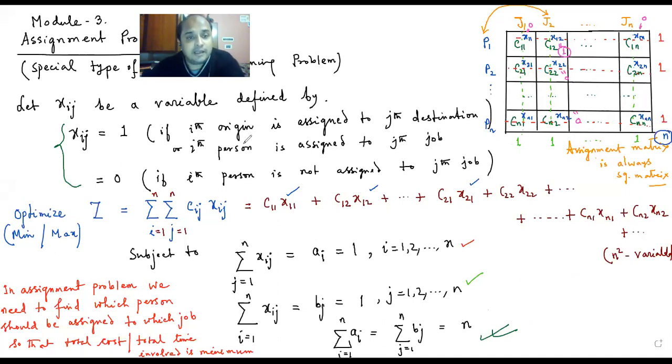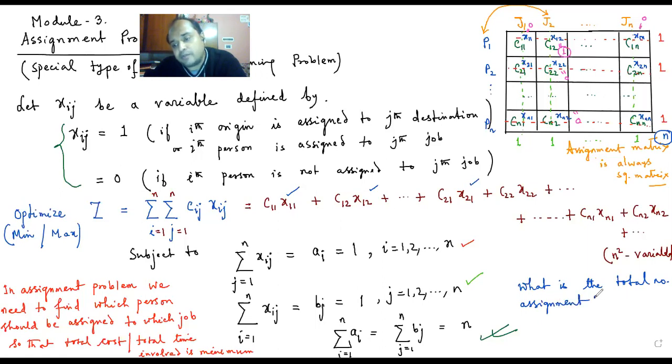Now I'm asking you another question. You have already known that in this particular assignment problem there are n square number of variables. Can you tell me, in this type of assignment problem, what is the total number of assignments that we must expect?